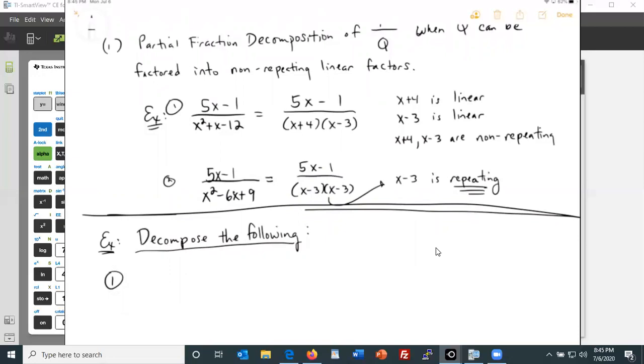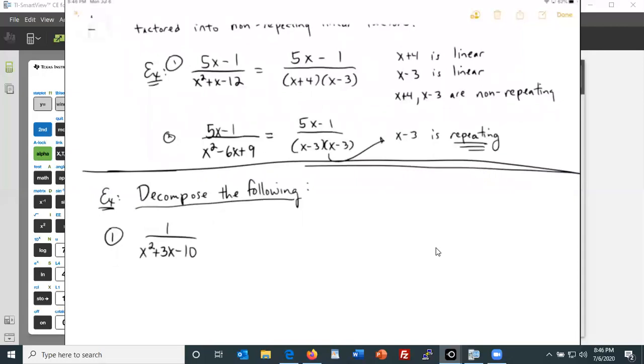Let's say, for example, we have this fraction here, 1 over x squared plus 3x minus 10. All right, well, the first thing we want to do is factor the denominator. So we would get x minus 2 and x plus 5.